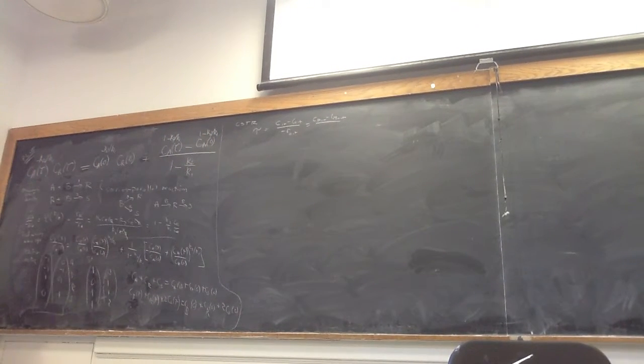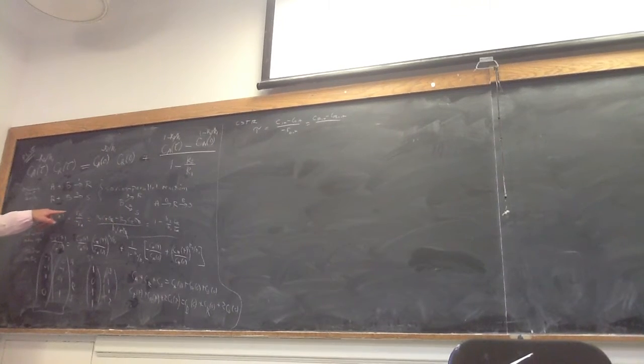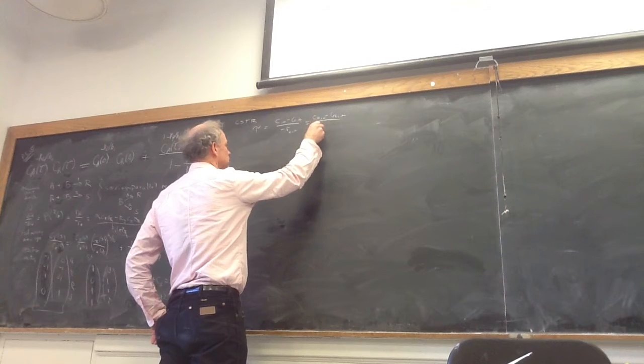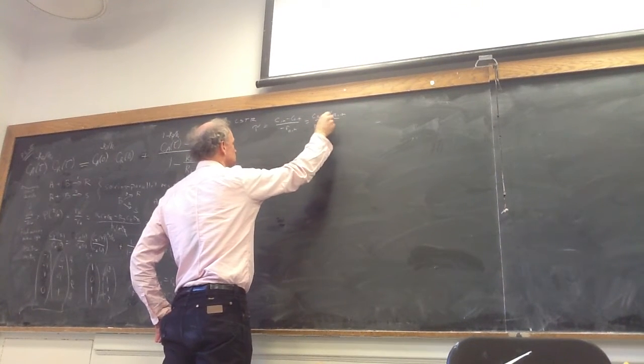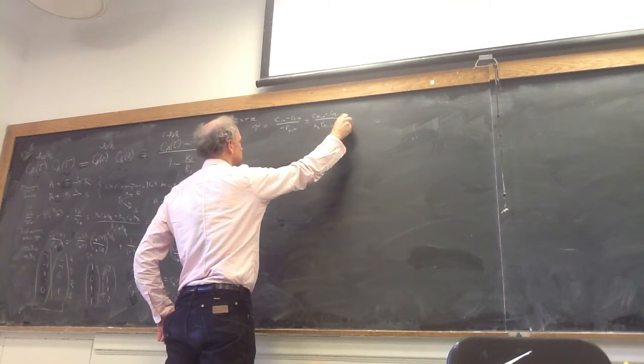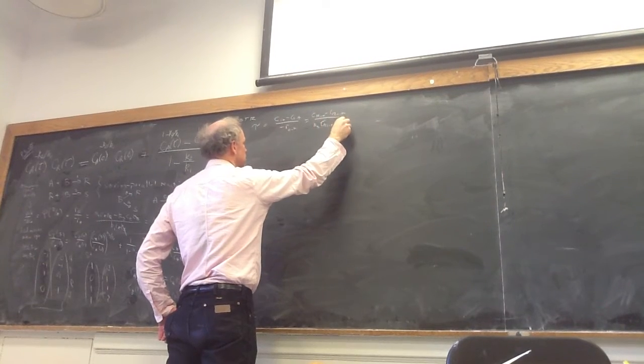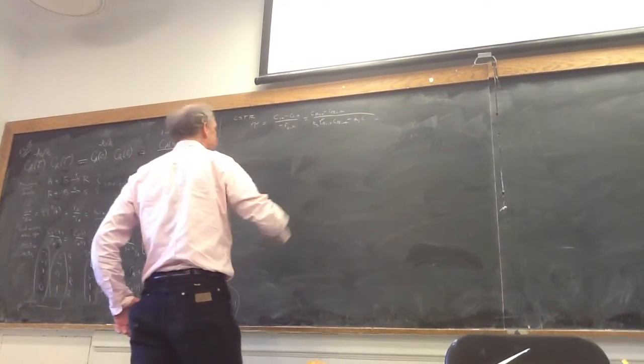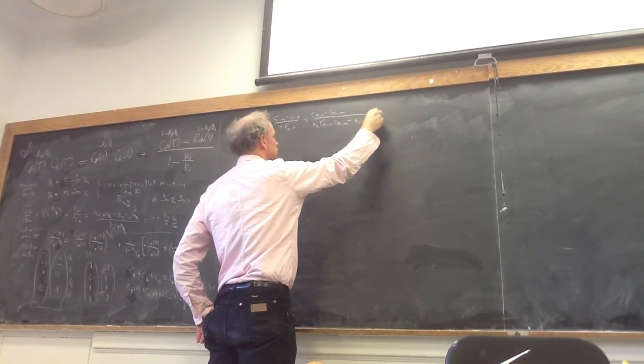And minus R out is just the negative of this. This is plus RR. So it's K2 CR out, CB out, minus K1 CA out, CB out.